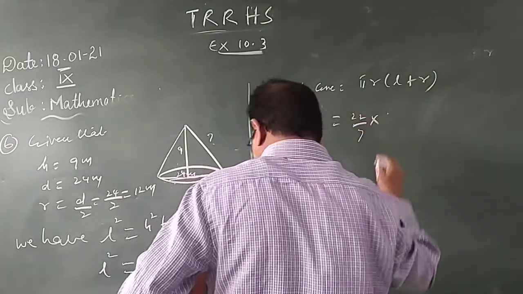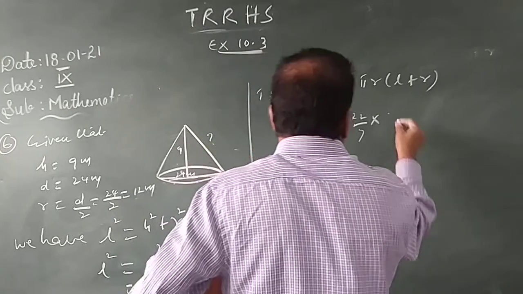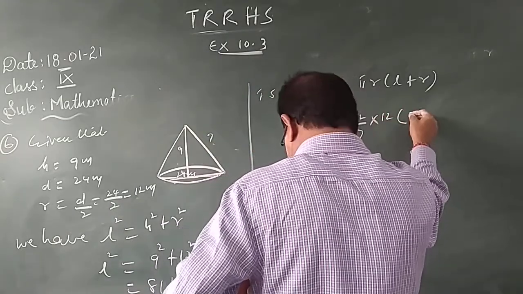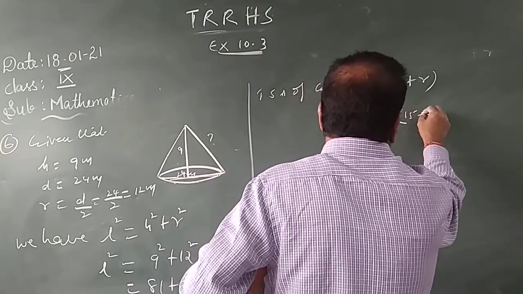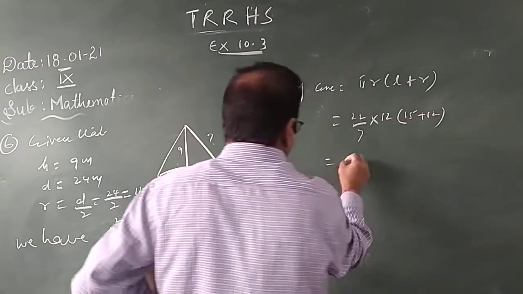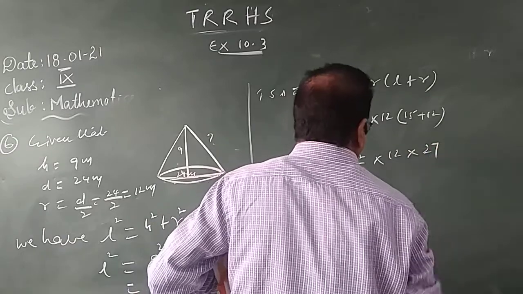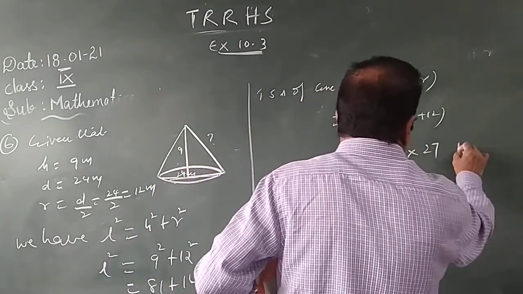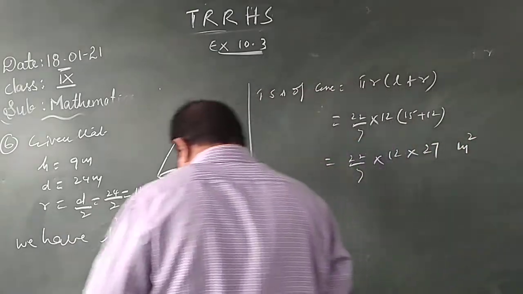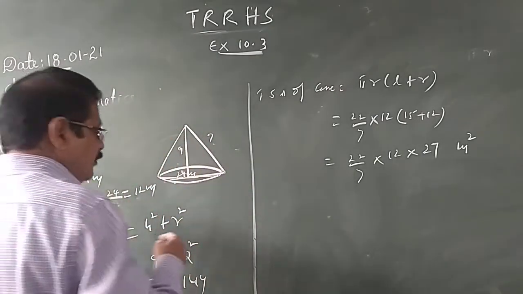22/7, the radius is 12 meters. L plus r, L is 15 plus 12, that is 27. So 22/7 into 12 into 27. This is in square meters. 14 rupees per square meter.